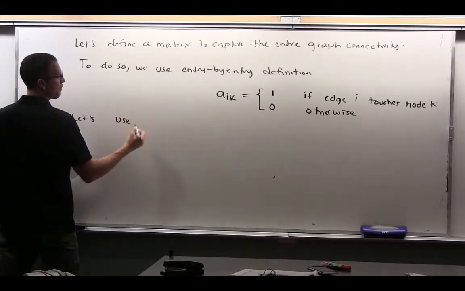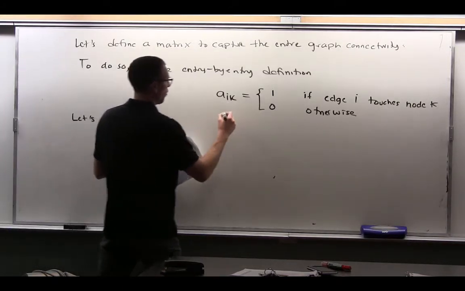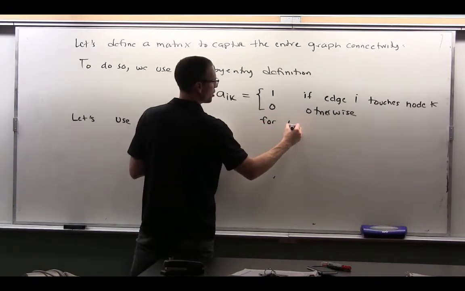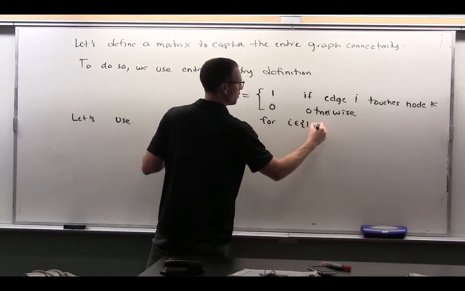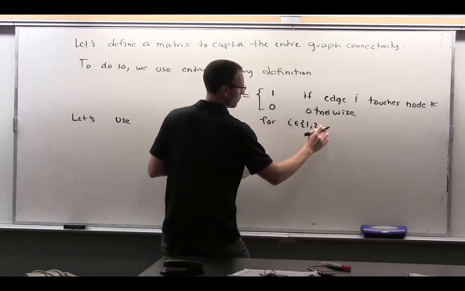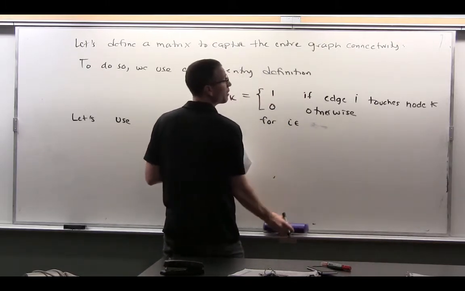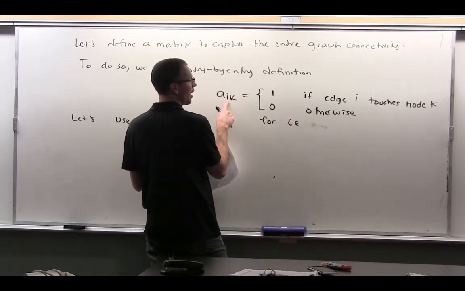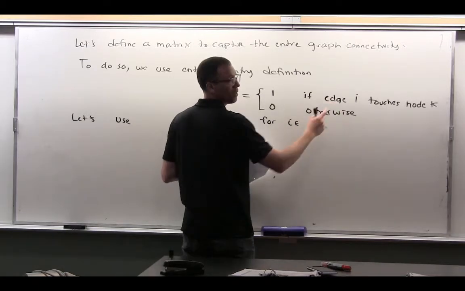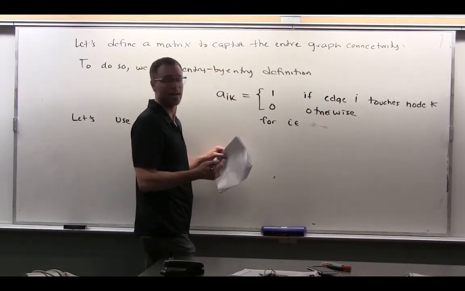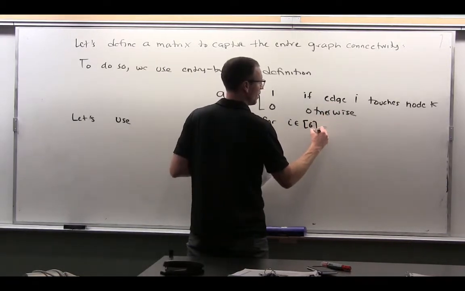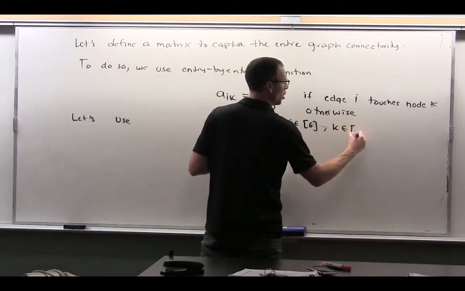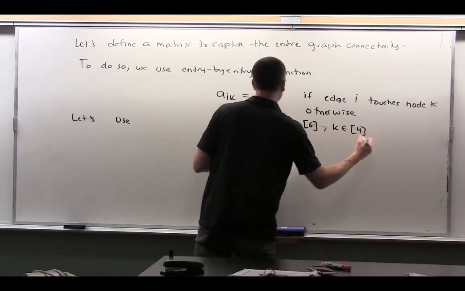Let's use this definition. And then the one claim was, what was the different conditions on I? In this particular example, how many values did I have for I? I's correspond to edges. How many edges do I have? 6. K's correspond to nodes. How many nodes do I have? 4.